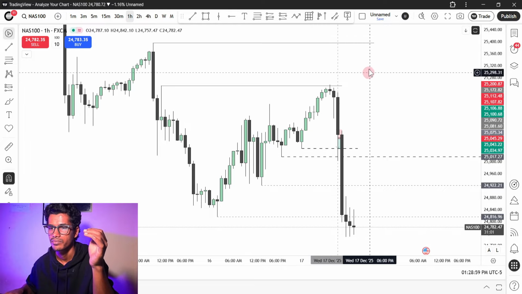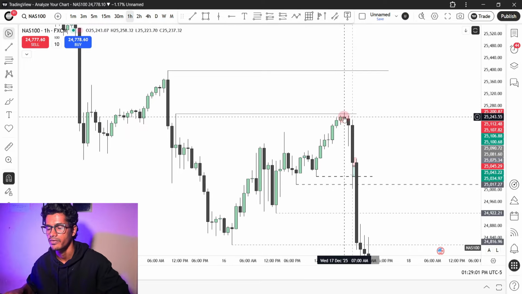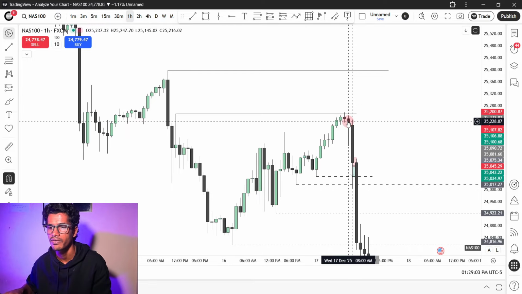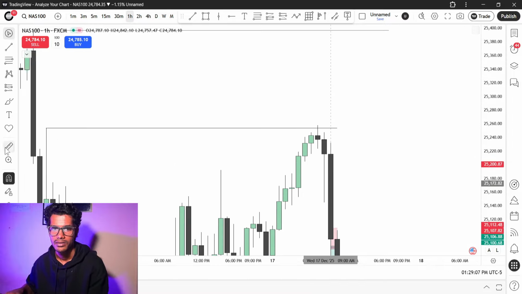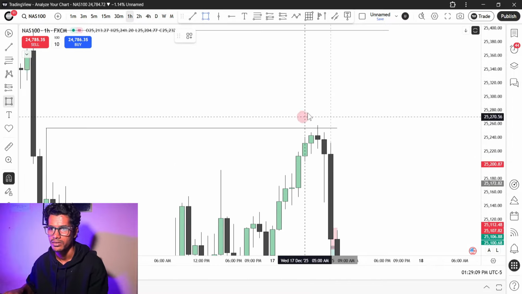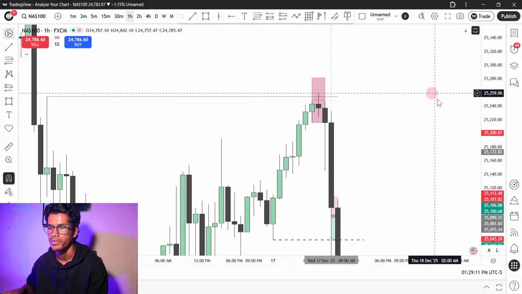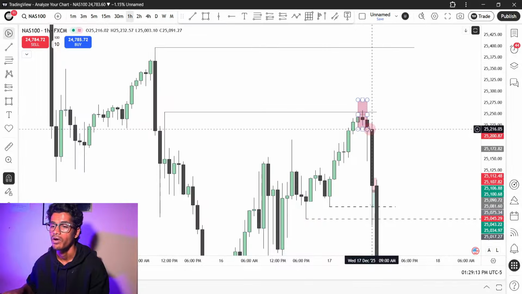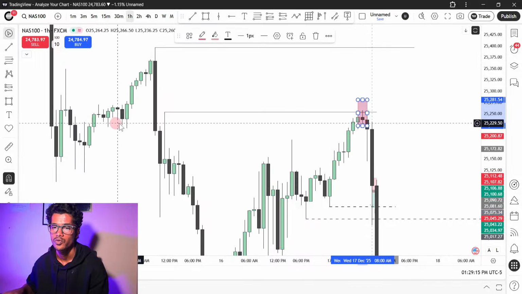So when we formed this swing high here on the hourly time frame, right around here, these 3 candles form that swing high, sweeping this internal high.